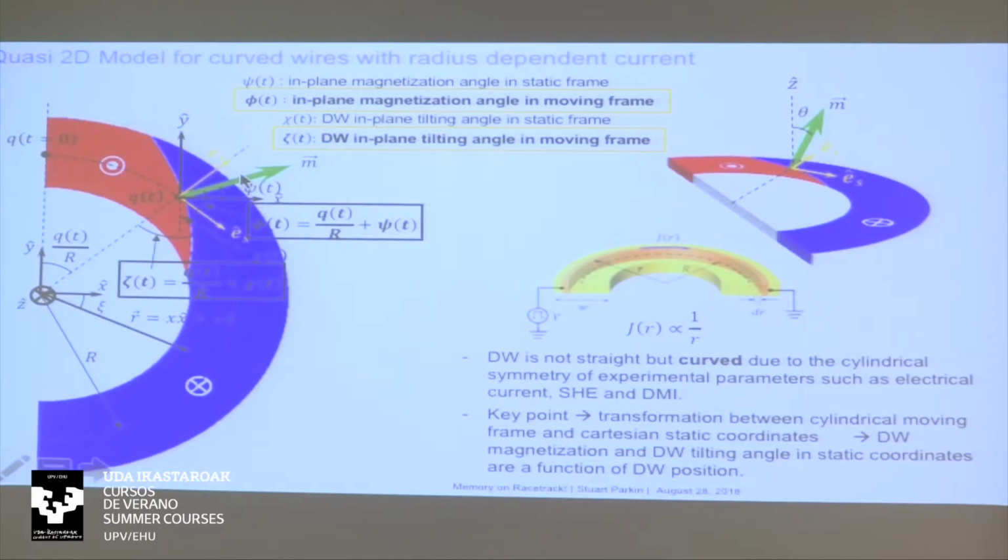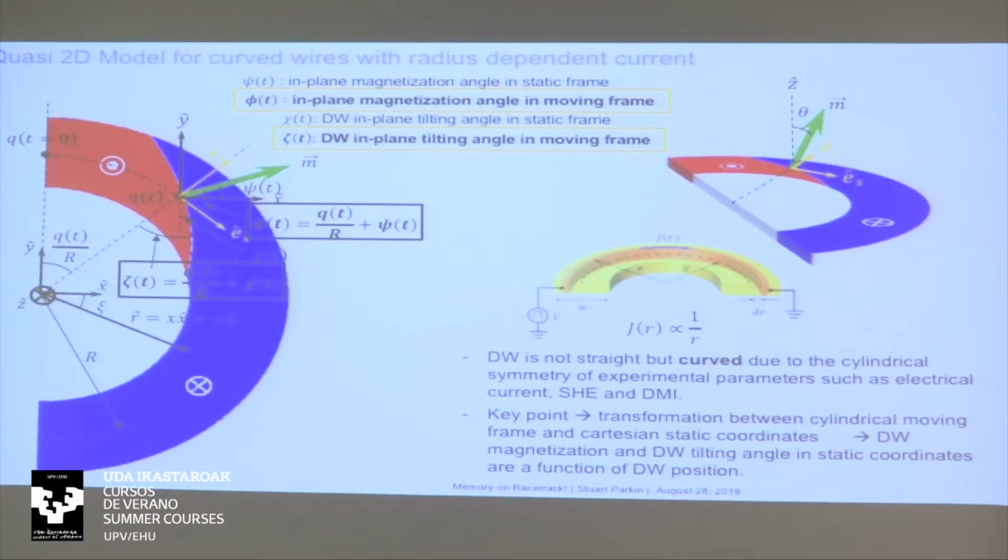But as soon as you apply current, in order that we have a domain wall that moves along this wire as one unit, then, as you can imagine, on the outside of this curved wire it's longer. The circumference is 2 pi times the radius. So you have to rotate or move more magnetization on the outer part of this racetrack than on the inner part. And the amount you have to rotate goes linearly with the radius. And so what does that mean? That means you need more torque on the outside than the inside.